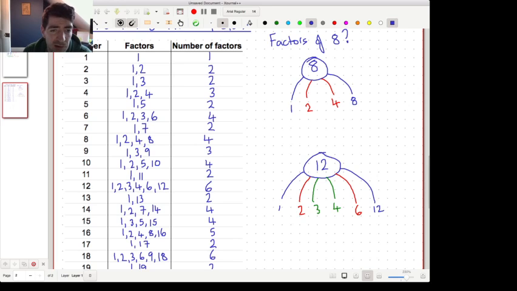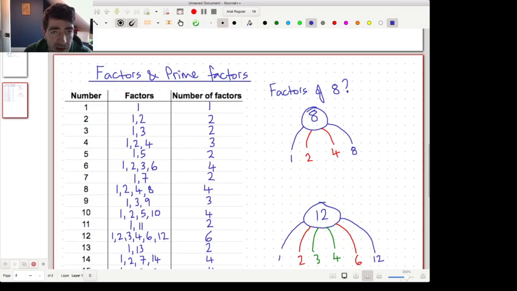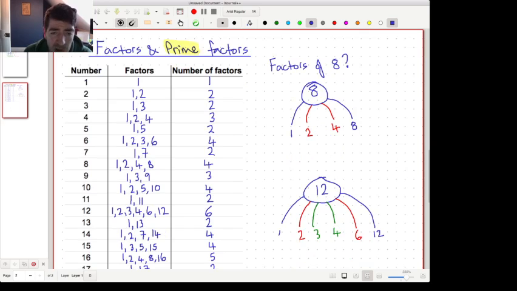The next thing to do then is to define what is a prime number. The definition is really simple. A prime number is a whole number which has exactly 2 factors. So if we look down the third column of our table, all the numbers with 2 factors are going to be prime numbers.